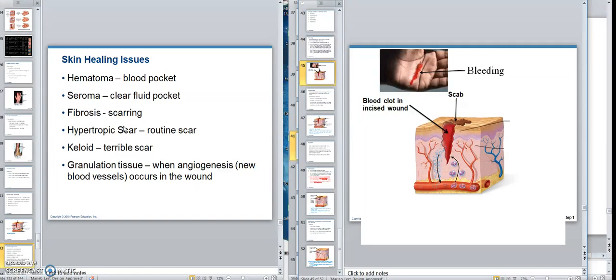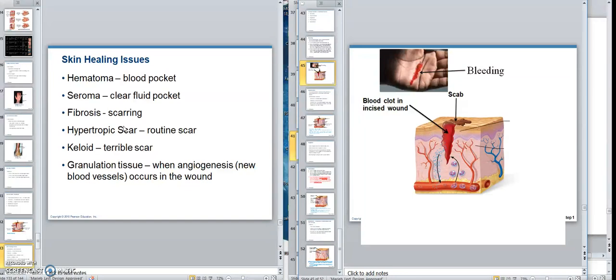Now you can't scar unless you have a deep wound. Let me say that again. A deep wound means you cut into the dermis. If only the epidermis is bothered, that's what we call a superficial injury.